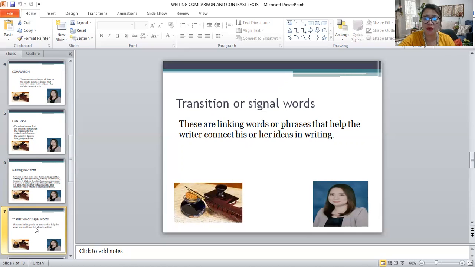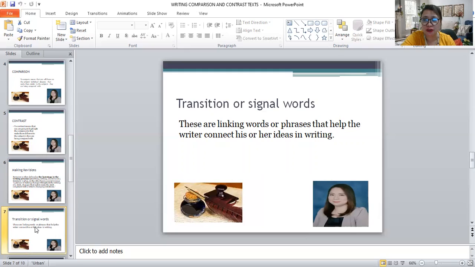But before going to that, let me underscore: to compare means that you will focus on the subject's individual elements that make them similar to the subjects they are being compared with. Meanwhile, to contrast means that you are going to highlight the components that make them different to the subjects they are being compared with.